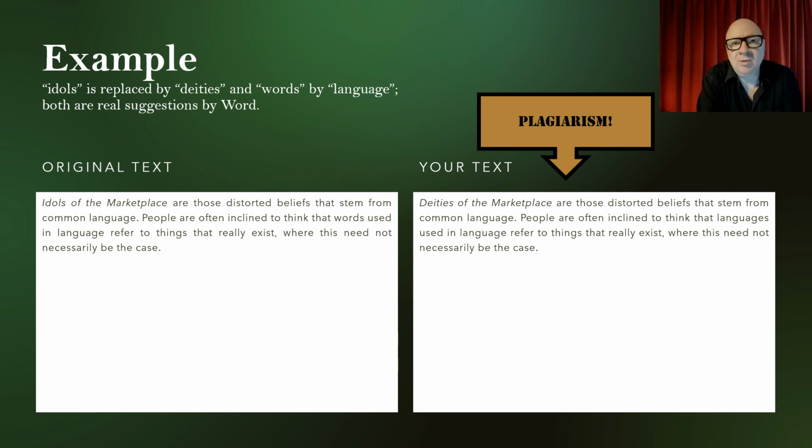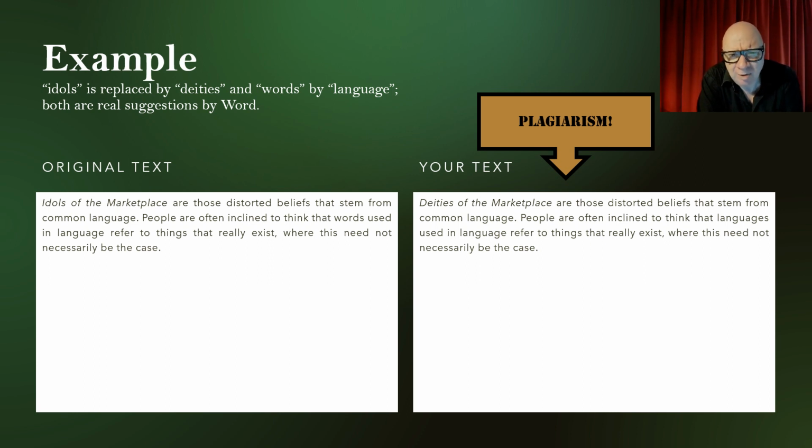That's not the word that Francis Bacon used. And then also language is a synonym. It's strange, but it is something that Word actually suggests is a synonym for words. So then you get a sentence like this. People are often inclined to think that languages used in language refer to things that really exist.